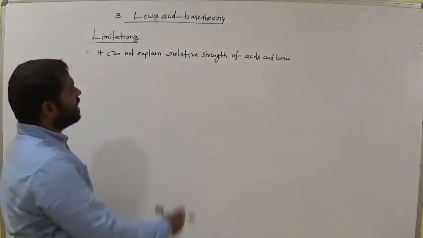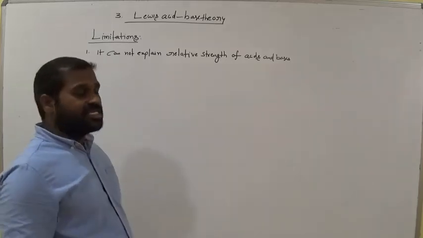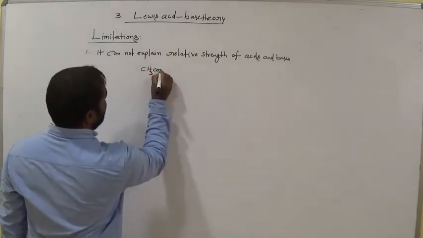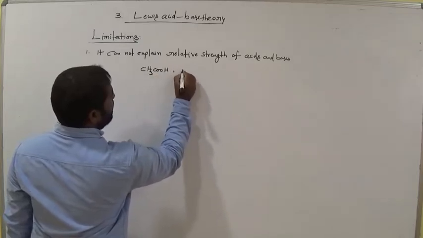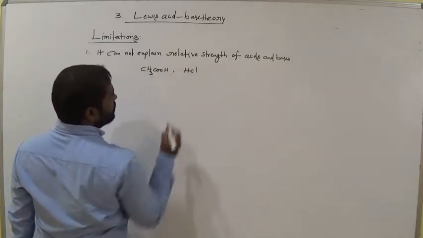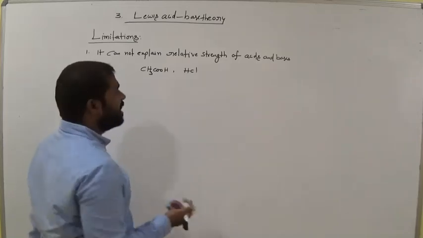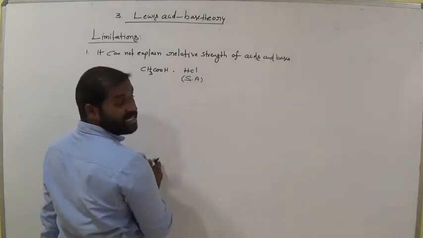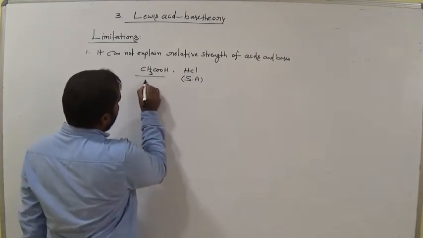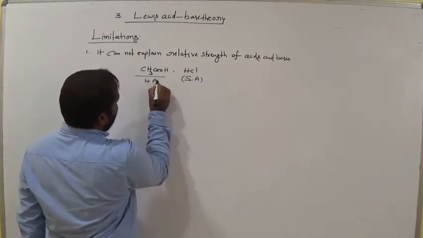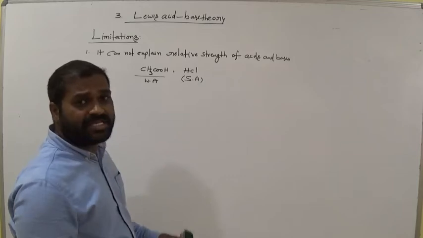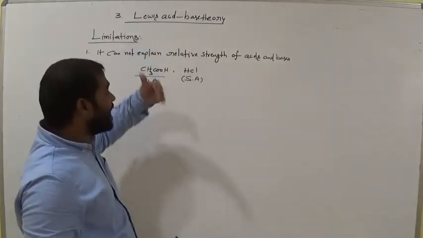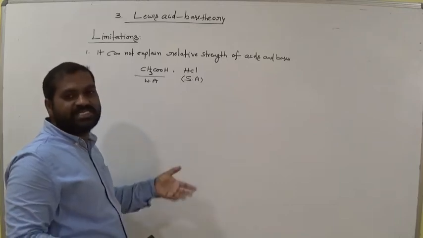Relative strength means, suppose you consider two acids, one is acetic acid and another one is HCl. So which one is the strong acid actually? HCl is a strong acid, am I right? Where is the weak acid? Such kind of comparison is not in Lewis acid base theory. It cannot explain the relative strength of acids and bases.